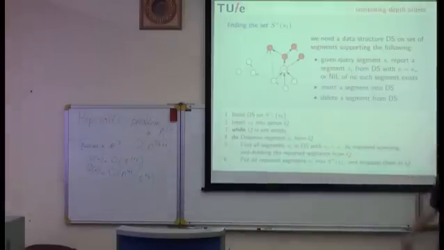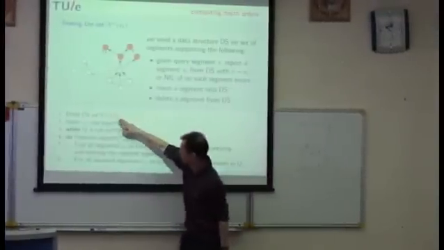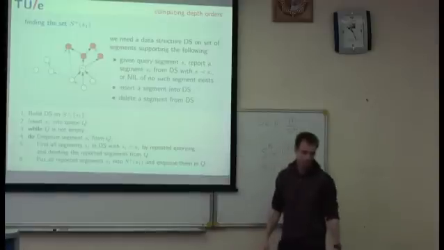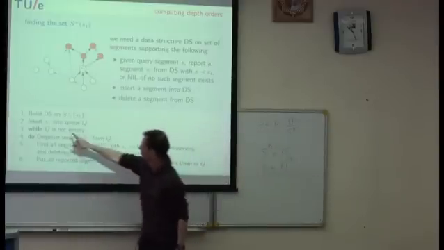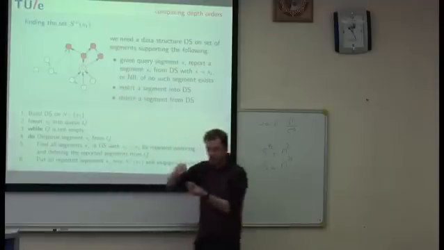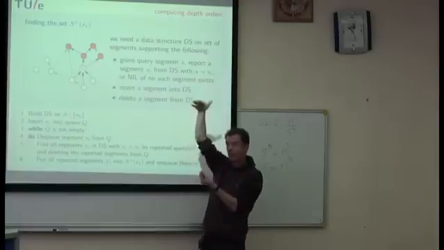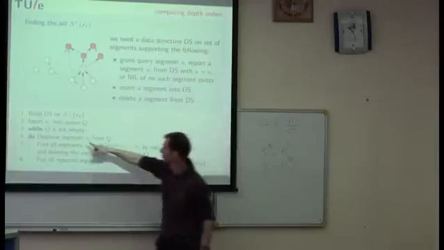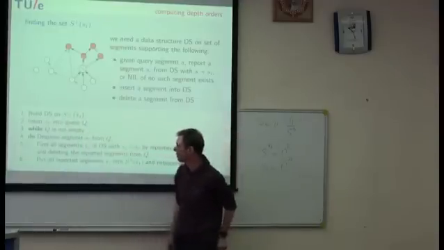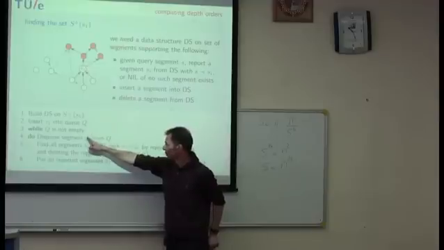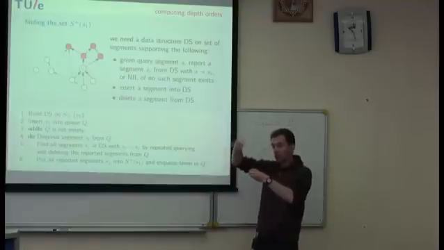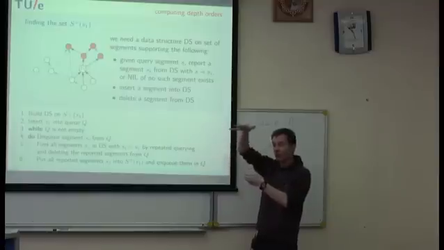So here's the algorithm. I'm going to build this data structure on S. Let me already remove S1. I'm going to have a queue which contains all the segments where I still want to check if there's something above. Initially I only have S1 in my queue, and then as long as the queue is not empty, I dequeue a segment, then do lots of queries until there's nothing above that segment anymore.